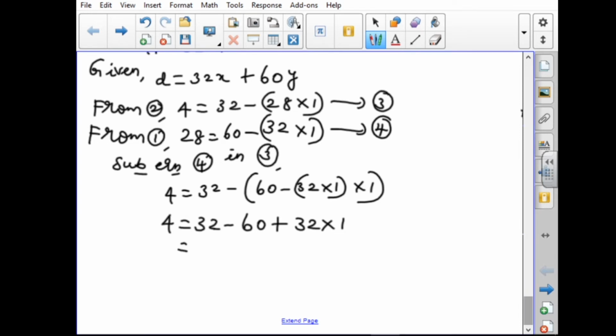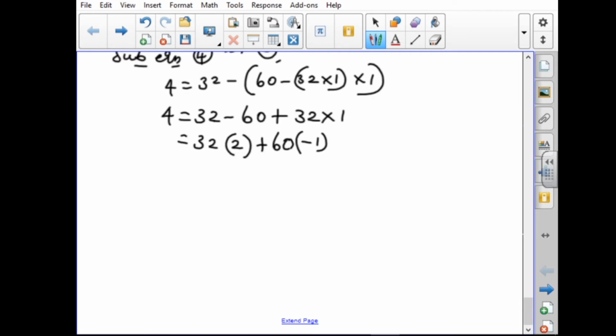So we write 32 into 2, then plus 60, which we write as 60 into minus 1. So 4 equals 32 into 2 plus 60 into minus 1.